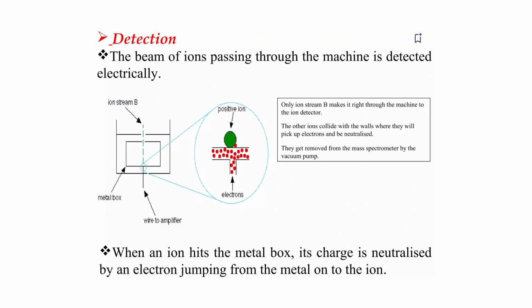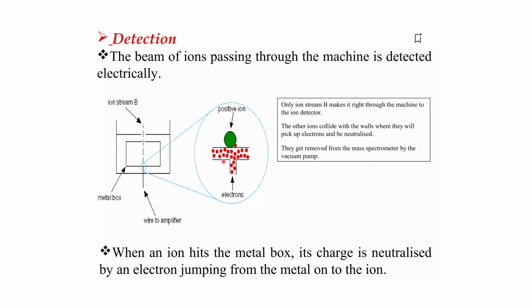The next step is detection. The beam of ions passing through this machine is detected electrically. When the ions hit the metal box, the charge is neutralized by an electron jumping from the metal onto the ion. As you can see here, the ion stream that passes through the deflector makes it to the ion detector chamber.